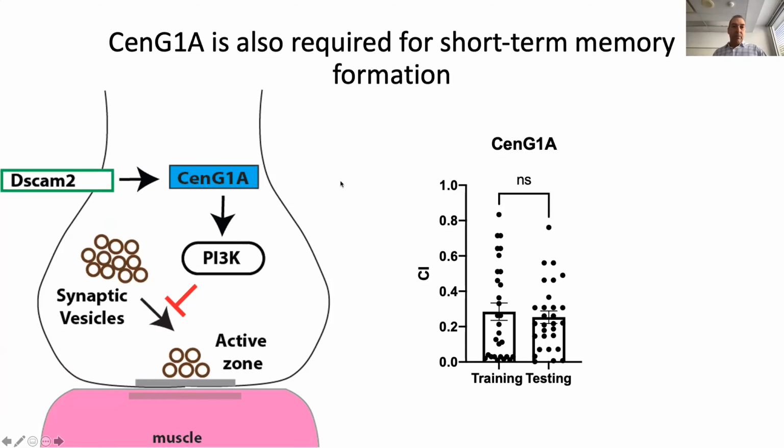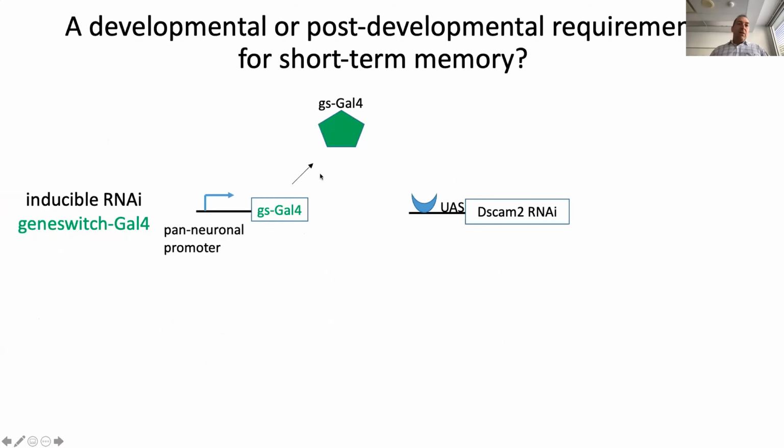So we next wanted to ask, is this role for DSCAM2 a developmental role? Are the neurons screwed up because there's a wiring defect and that's why they can't learn? Or is it a post-developmental role that involves the modulation of synaptic strength? So to do this, we needed a conditional system.